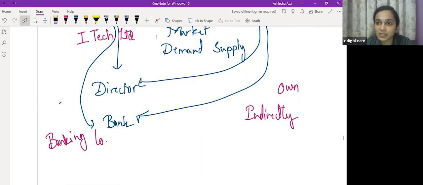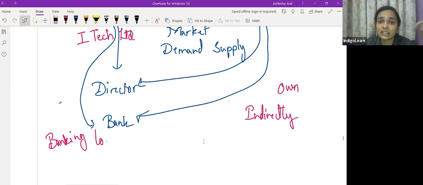Will they even make money if they are not giving any loans? No, ma'am. Definitely not. अभी लोन पे इंटरेस्ट आता है, वही तो मेन इनकम होता है बैंक का.